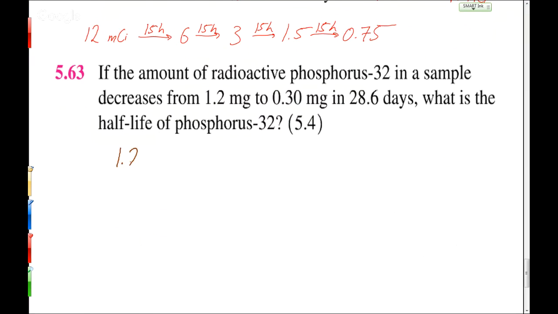So we start with 1.2. After 1 half-life, it's 0.6. After 2 half-lives, it's 0.3. Oh, and there we go. So 1.2 to 0.3 gives us 2 half-lives.